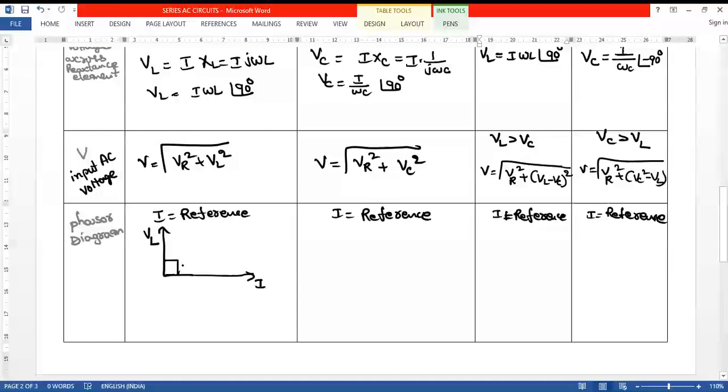There is a 90 degrees phase difference. Voltage is leading. VL voltage is leading.